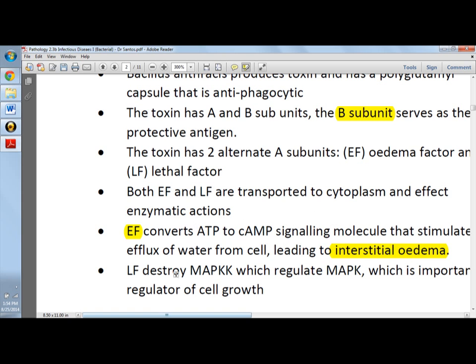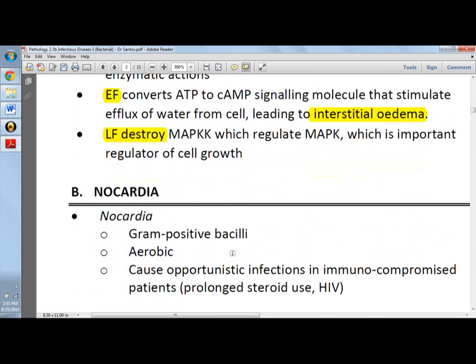So the increase in cAMP is caused by what subunit of the alpha subunit? It's the EF. The LF, the lethal factor, is the one that destroys MAPK, which is very important in cell growth and differentiation.